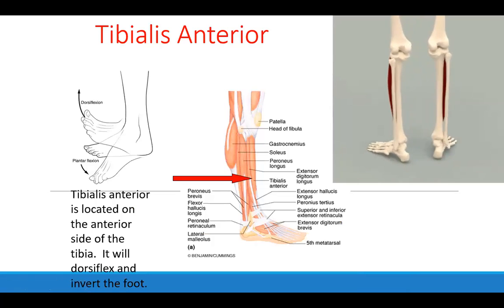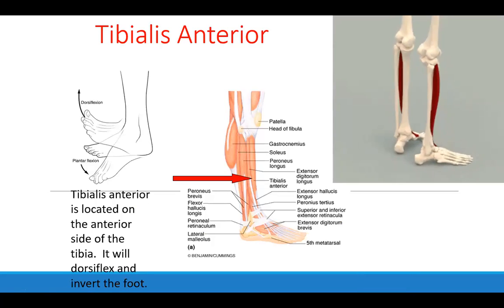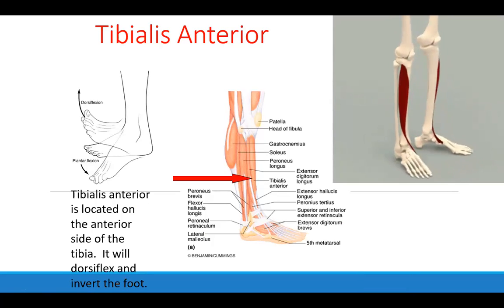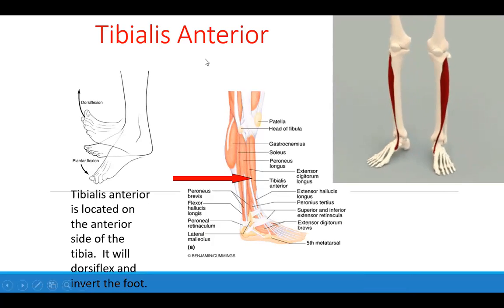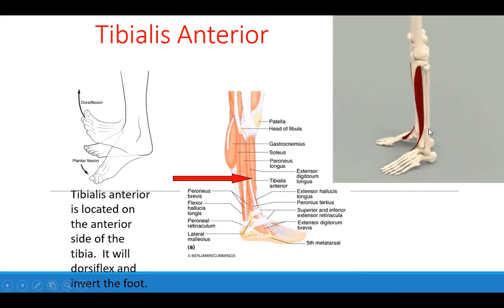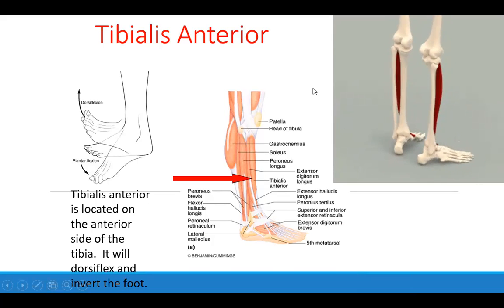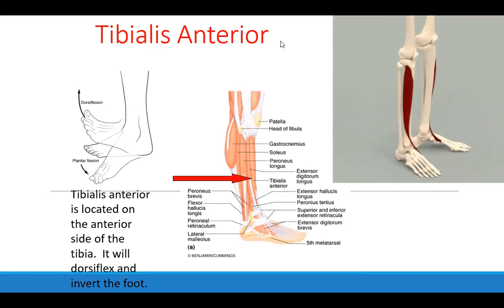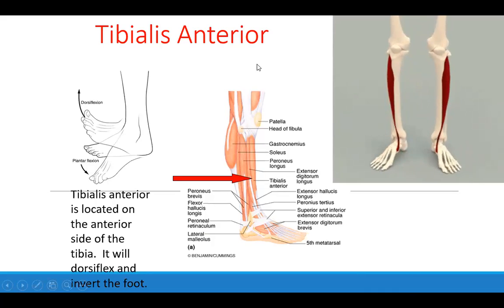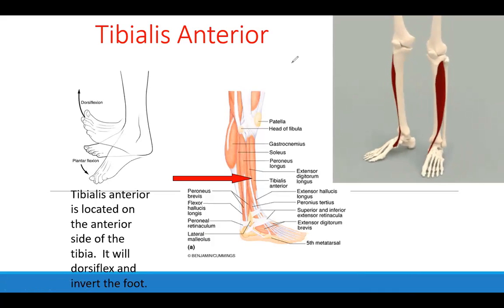It's on the anterior side of the tibia. It is located adjacent to the anterior crest. When this comes around again, I'll show you exactly where that is. Right here is the anterior crest, the sharp edge of the tibia.